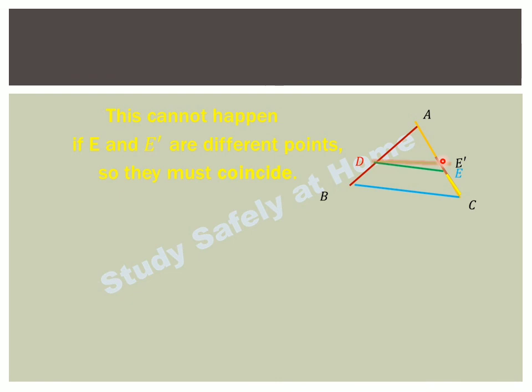Like this, E dash comes to E. E dash and E are not different points. They must coincide. Thus, we can conclude that DE dash is nothing but DE. So, DE is parallel to BC. Hence proved.